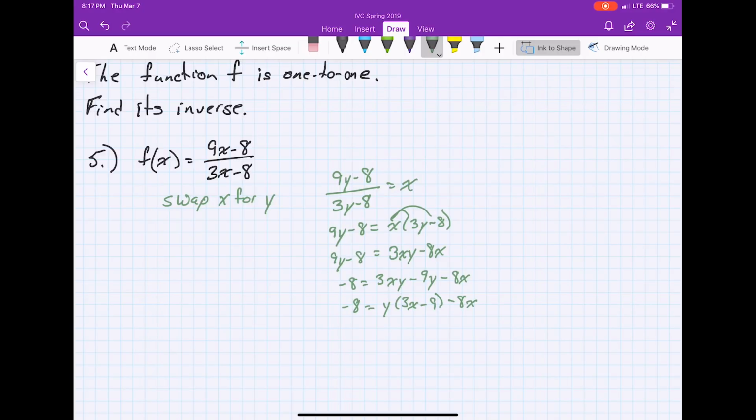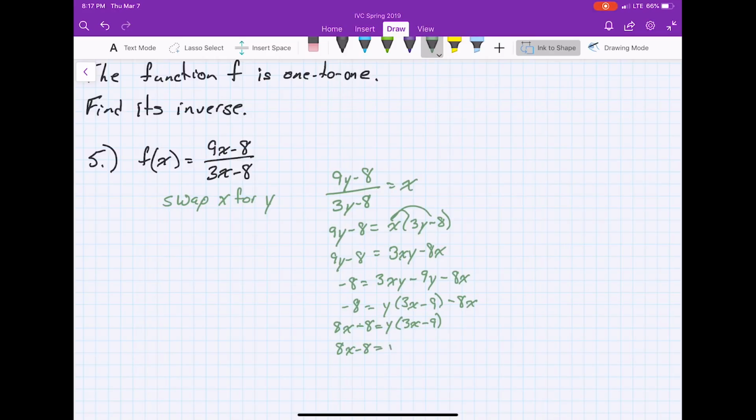Now what we can do is add 8x to both sides. So we will end up with 8x - 8 equals y times the quantity (3x - 9). Now we will divide both sides by that (3x - 9).